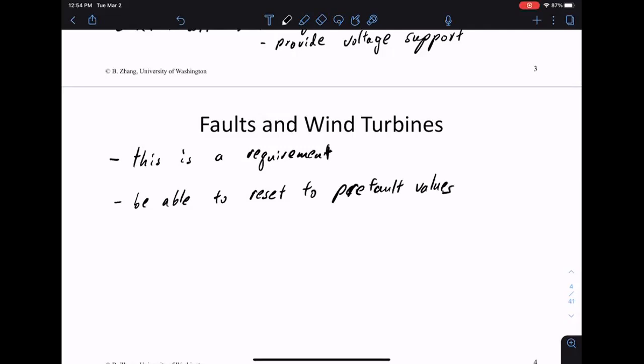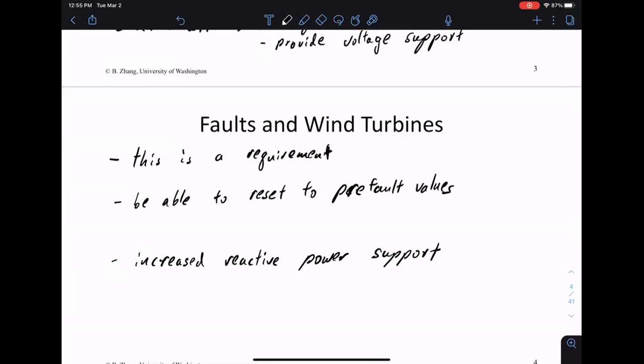Right, so if the fault is cleared, you have to reset to it. Then there's some other requirement. Also we're starting to require increased reactive power support. Okay, so it's also required to do increased reactive power support.